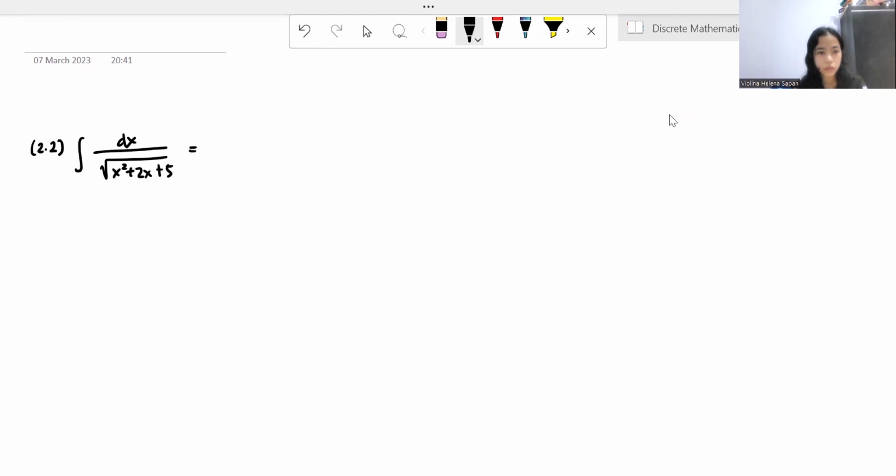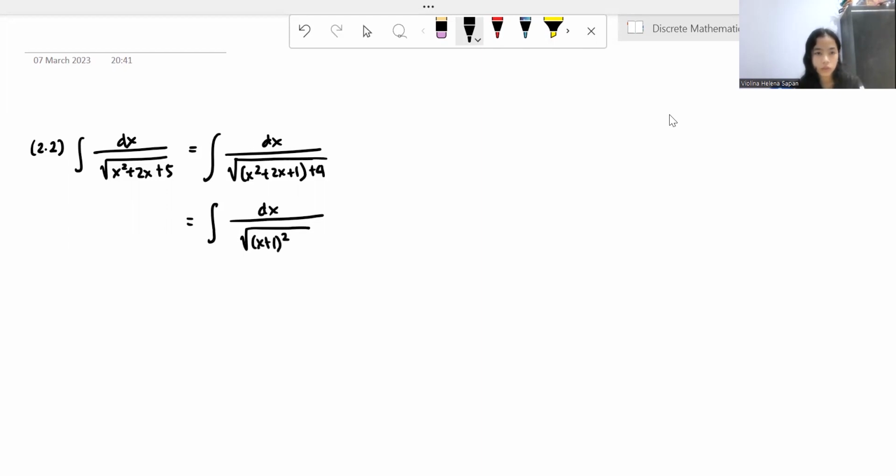This will be equal to dx over, so we can manipulate this equation, and then this will be equal to dx over, we can transform x squared plus 2x plus 1 to square root of x plus 1 squared. So this equation will be transformed to x plus 1 squared because it's just the same, and then you can just plus 4.